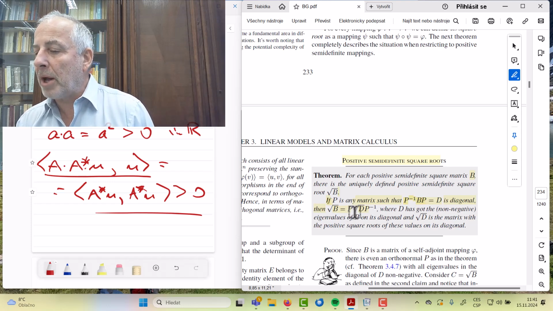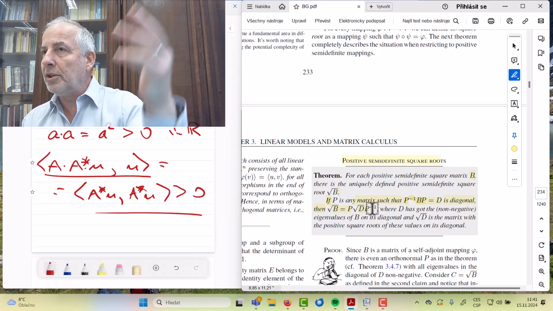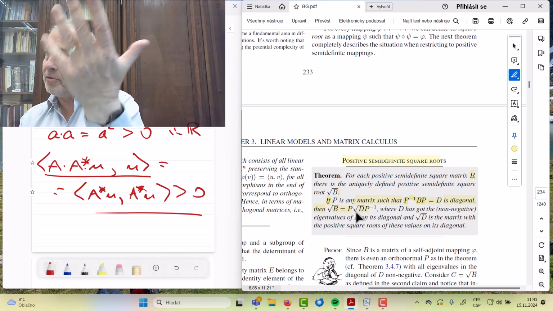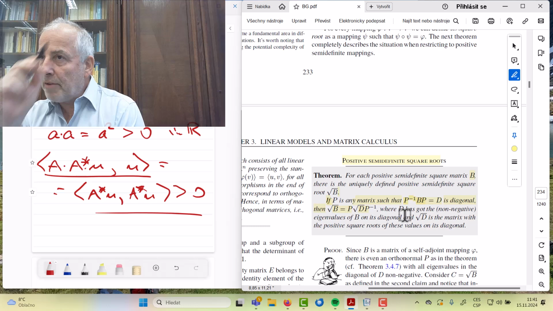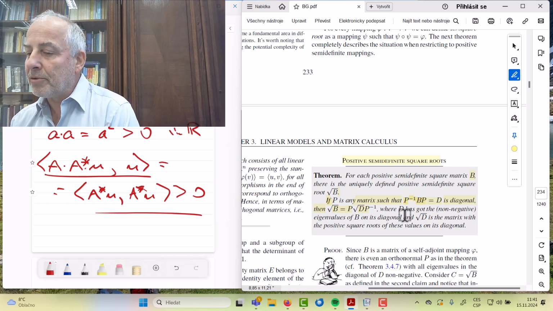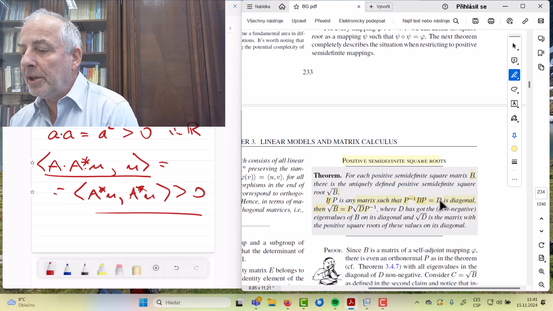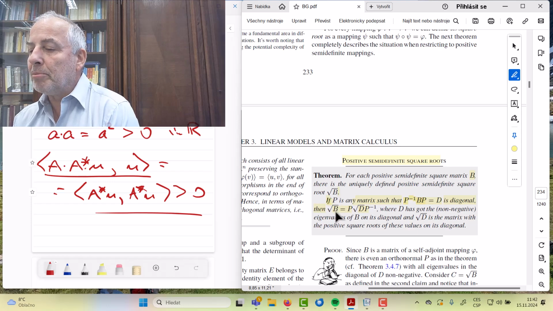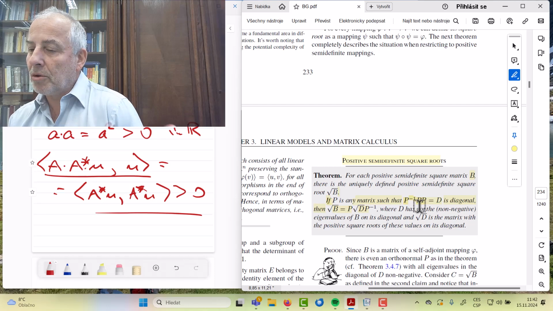If I multiply this with itself, then the P inverse and P in the middle cancel. The square root of D times the square root of D, the two diagonal matrices, will give you D with the eigenvalues of the matrix B, and then of course you will get the right matrix B if you just conjugate back the coordinate change, right?